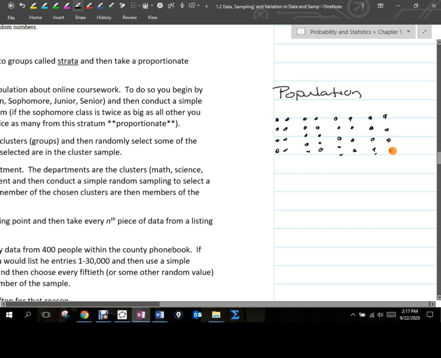In both of them, in a cluster and a stratified, you're going to have groupings. So let's call this group 1, these 2 columns, group 1, group 2, group 3, group 4, okay?